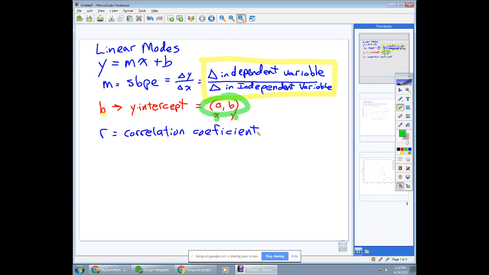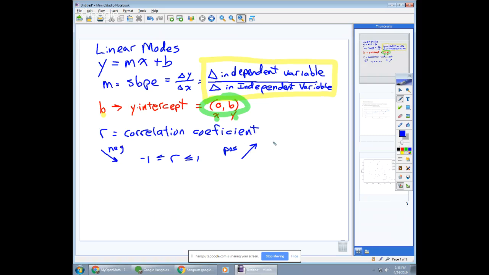And then we have the correlation coefficient, and the correlation coefficient tells us how good a fit the two variables are to each other with respect to a line. R itself will be between 1 and -1. If it's positive, that means we have an uphill trend. If it's negative, that means we have a downhill trend to the data.